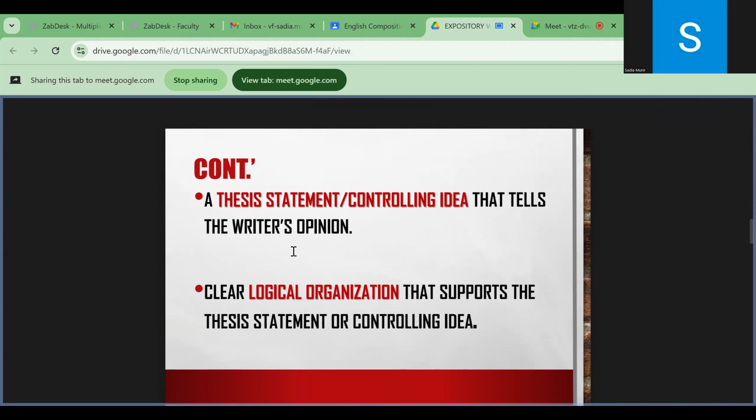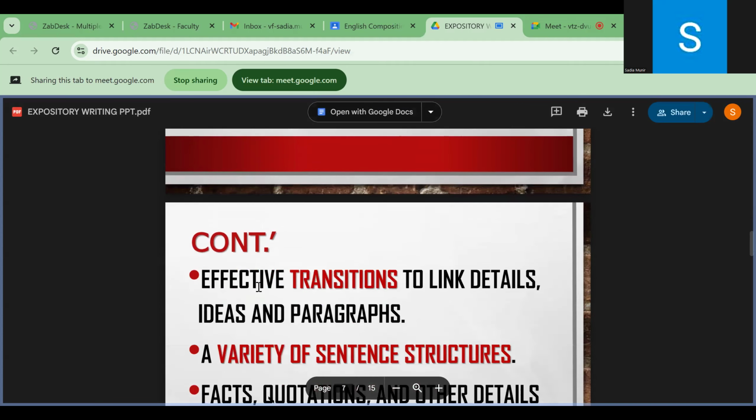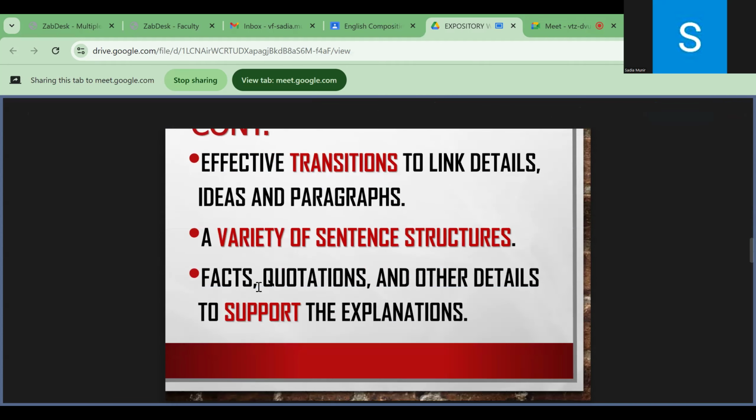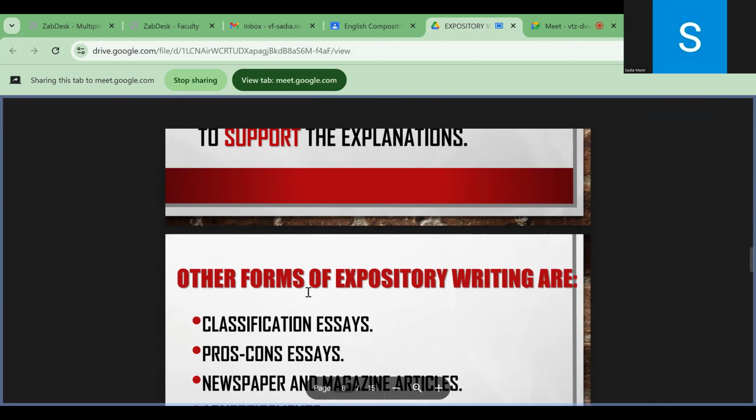The thesis statement is the claim that gives the audience or readers clarity about what you're going to write as a writer of an expository essay. Then transition markers are important, and it is important to use quotations or details or explanations and even definitions in order to enhance the transitions of your paragraphs.